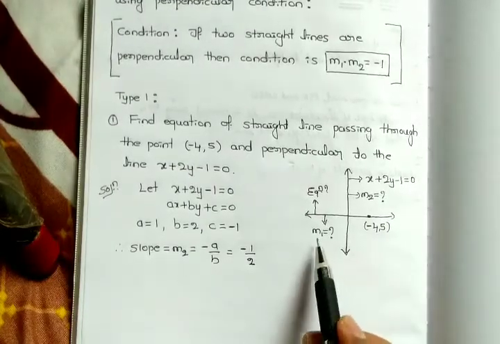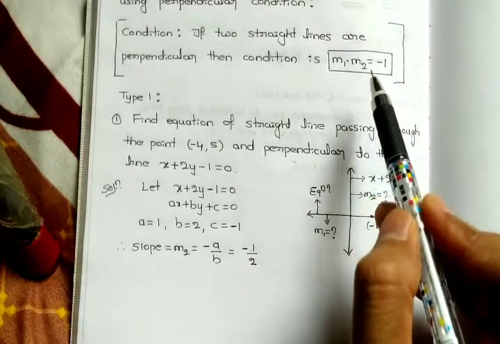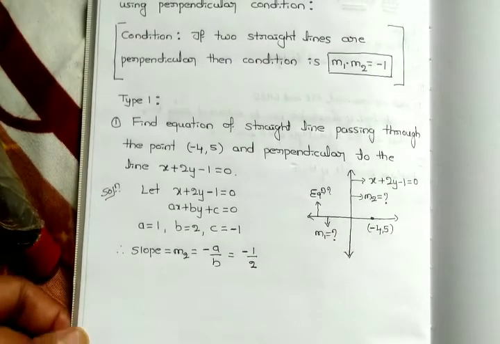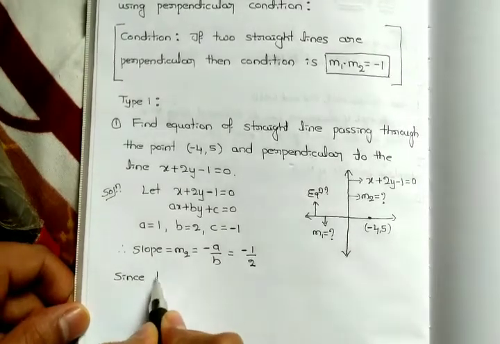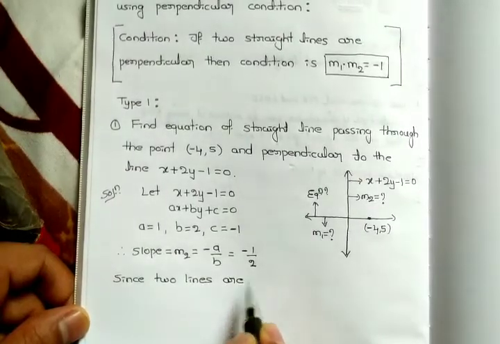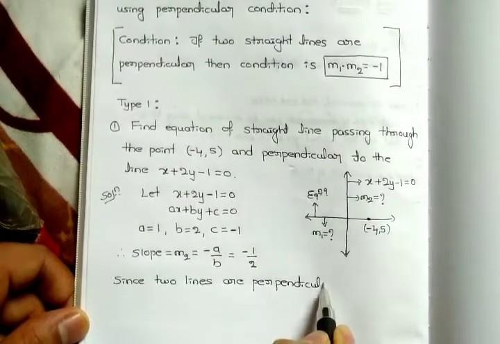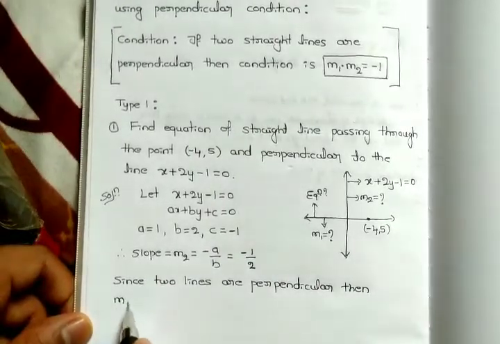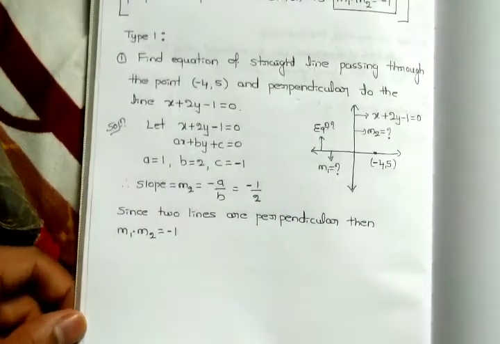Next we need the m1 value. How to find this m1 value? Using the perpendicular condition. Write: since two straight lines are perpendicular, then m1 into m2 is equal to -1.